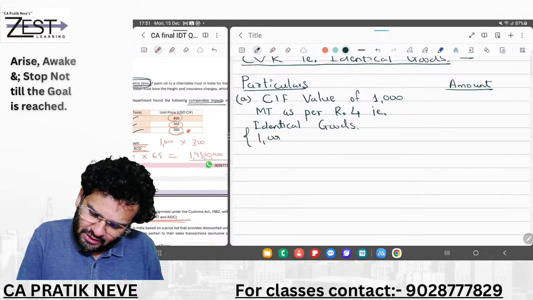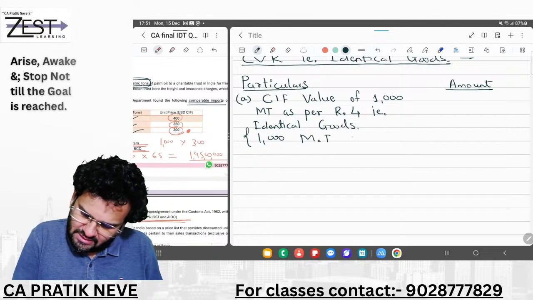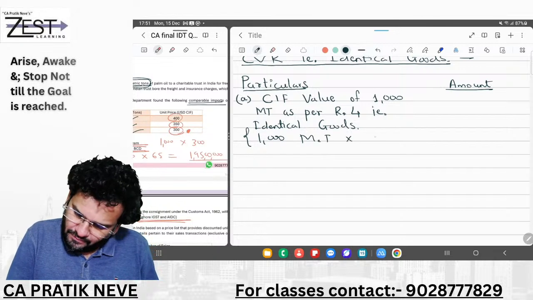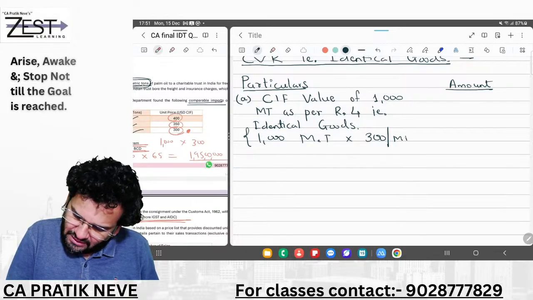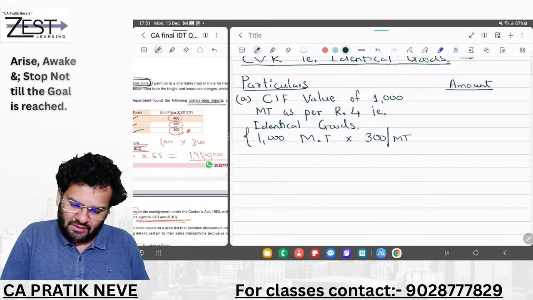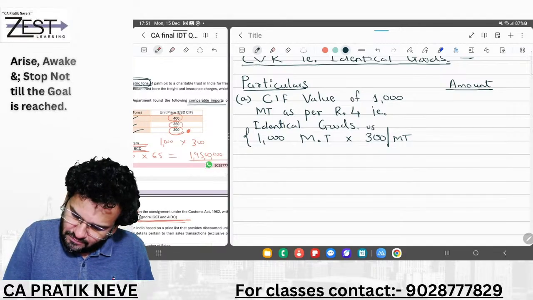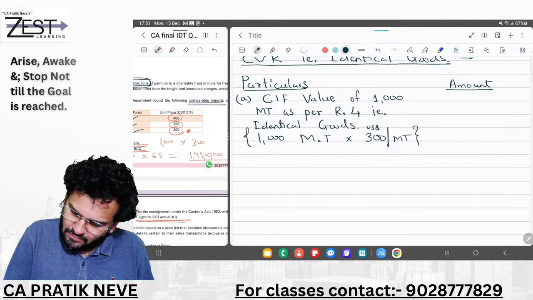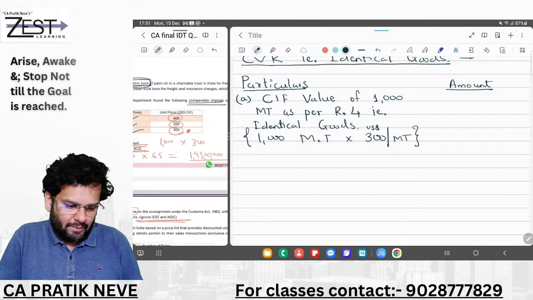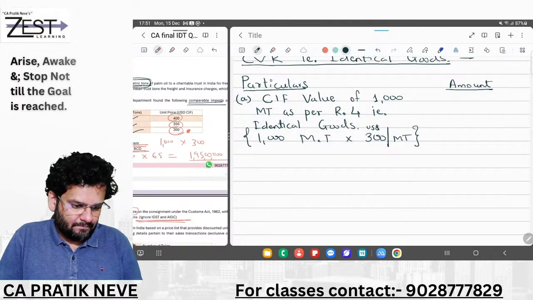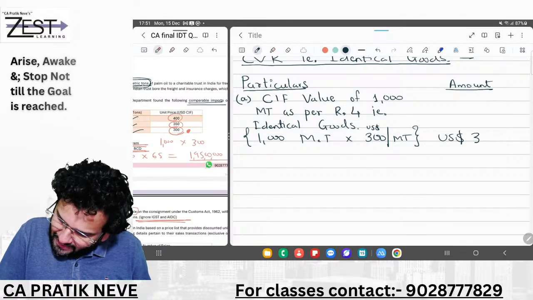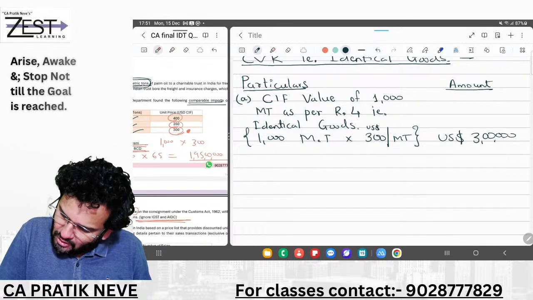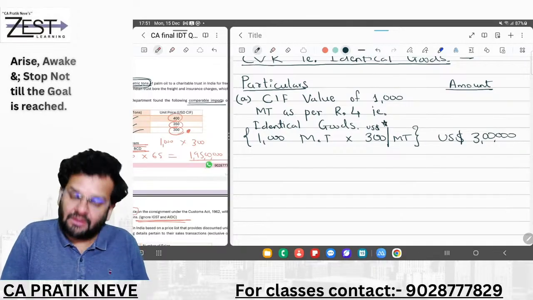So 1000 metric tons into 300 per metric ton. But what is it? US dollar. So it will become US dollar 3 lakh. Of course, we'll do note for this 300.